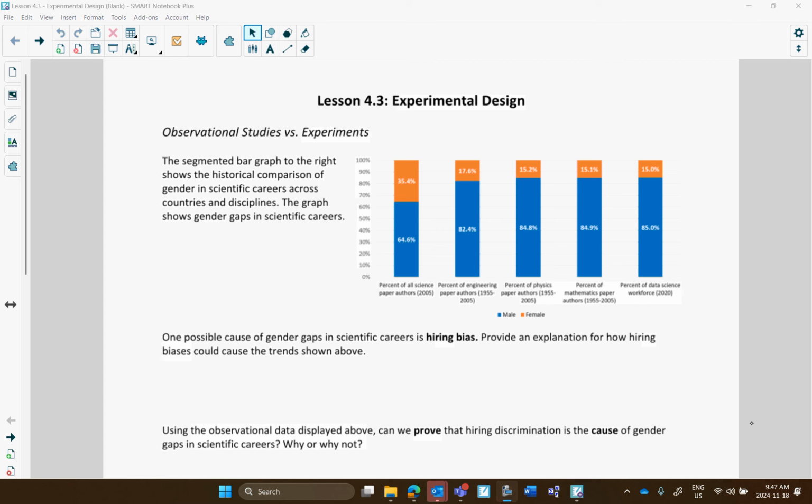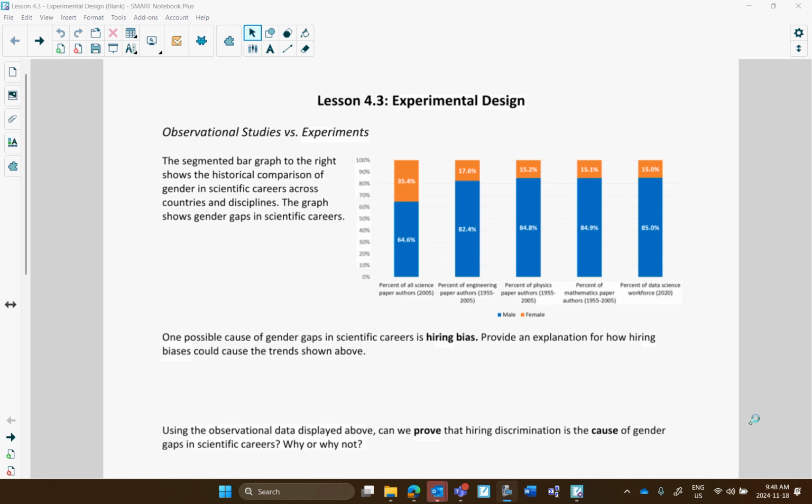So just as an example, we've got a segmented bar graph that shows the historical comparison of gender in scientific careers across countries and disciplines. So basically, STEM fields. And it shows the gender gap. The blue represents males.